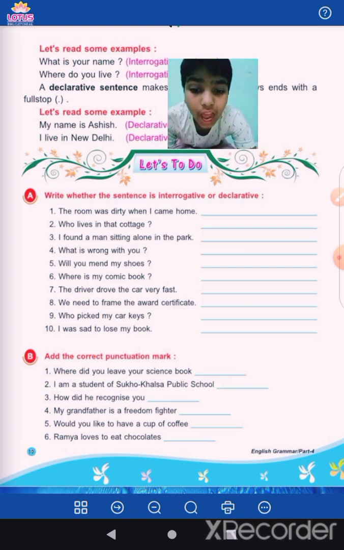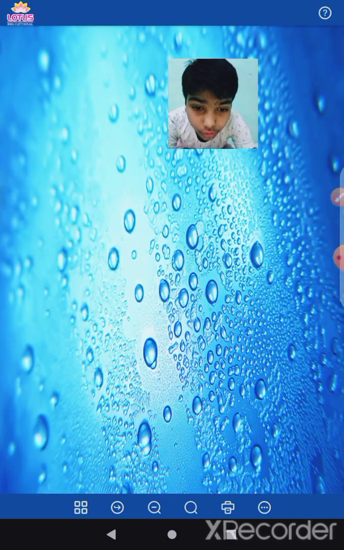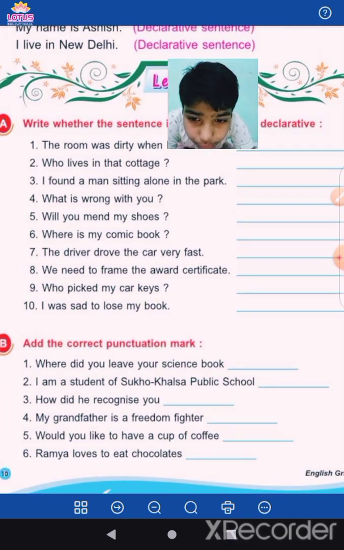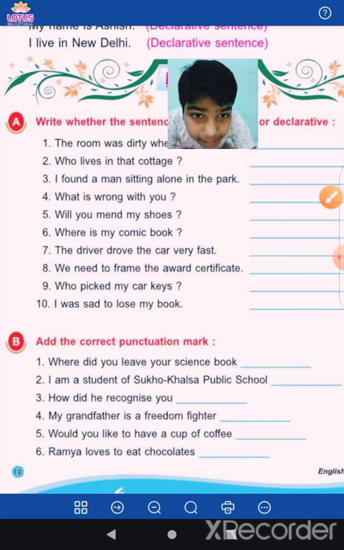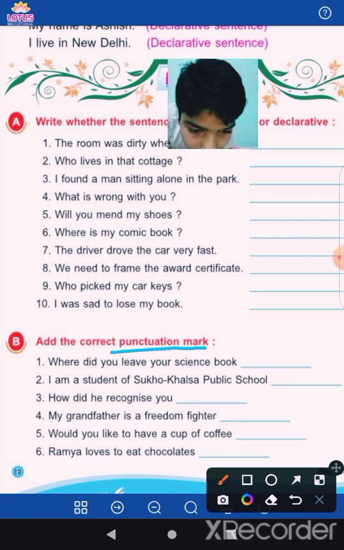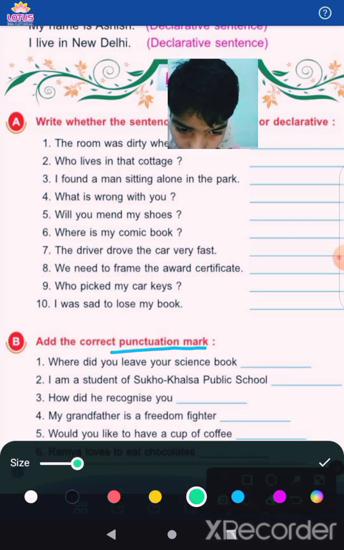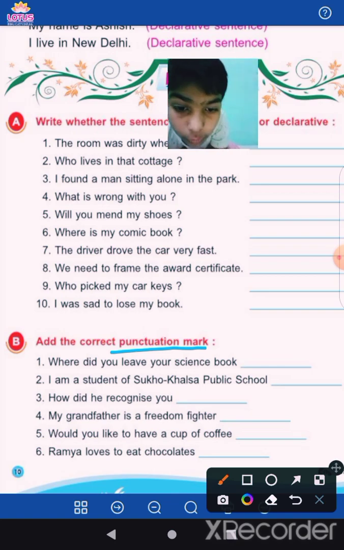Add the correct punctuation mark. I have to do this one, because you have to add the correct punctuation here. Where did you leave your science book?